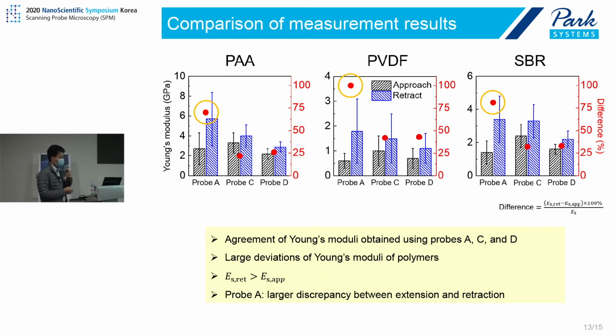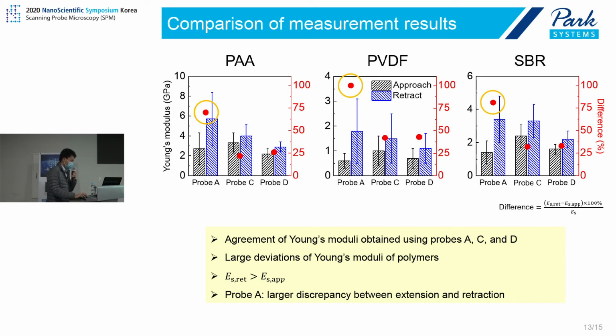So this slide summarizes the measurement results obtained using probe A, probe C, and probe D. In general, we can say that the Young's modulus values determined from the three probes agree within the experimental uncertainty, considering the large deviation of the Young's modulus of polymer materials.